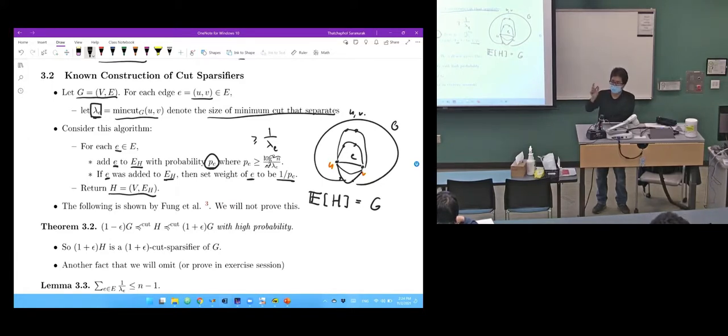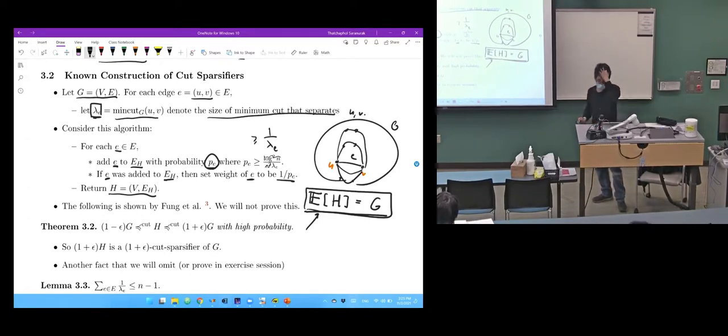So the scaling for each edge is just 1, really. By linearity of expectation, in expectation, H is G. Makes sense?